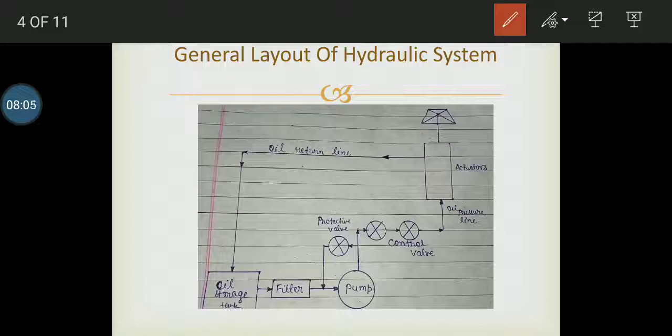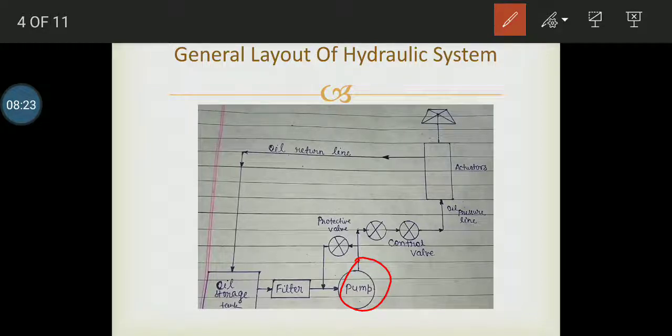Then once the oil has passed from the filter, it moves from the pump to the control valve. The pump actually pressurizes the fluid; it creates a pressure in the fluid.